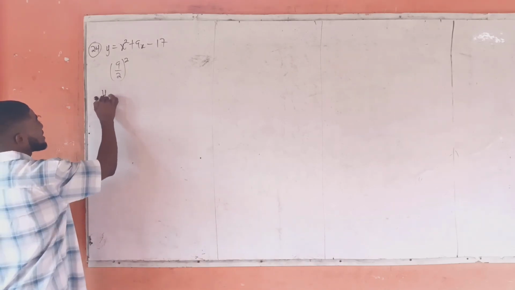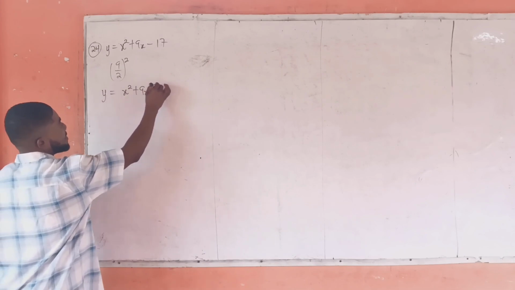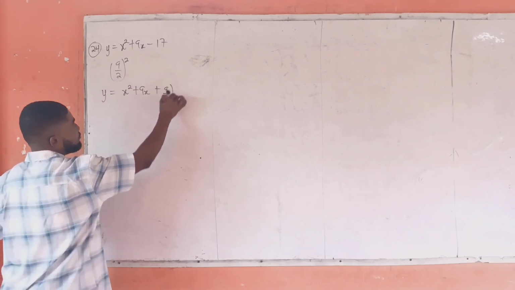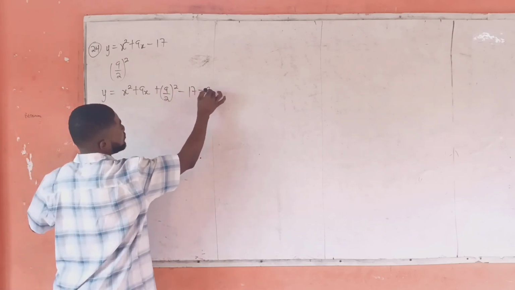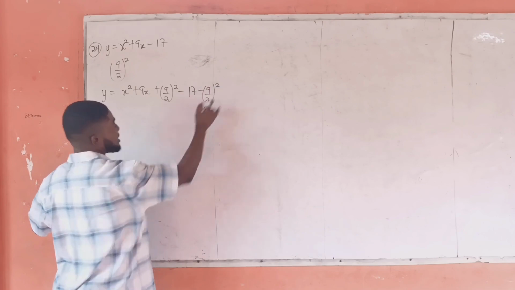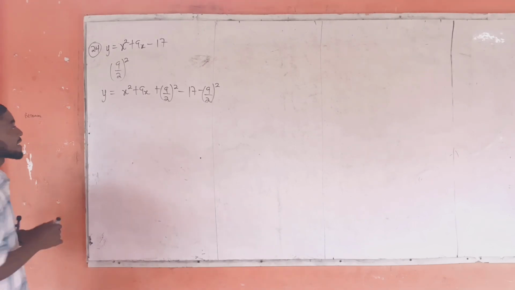So y then becomes x squared plus 9x plus (9 on 2) all squared minus 17 minus (9 on 2) all squared.